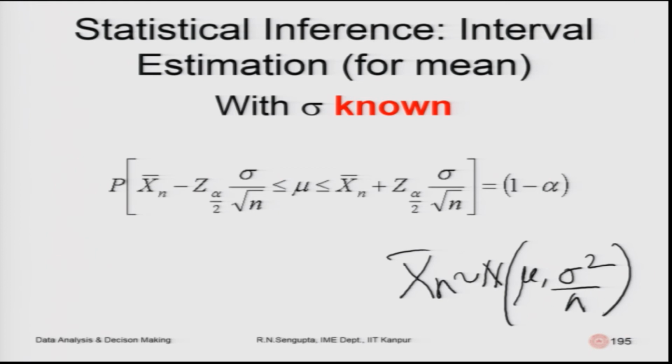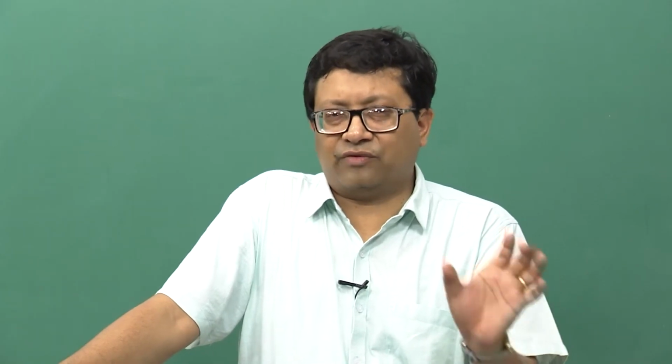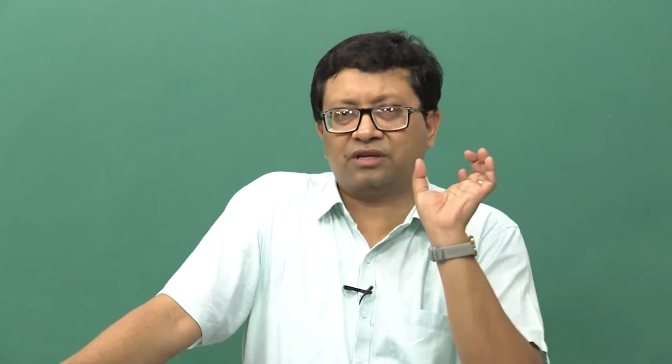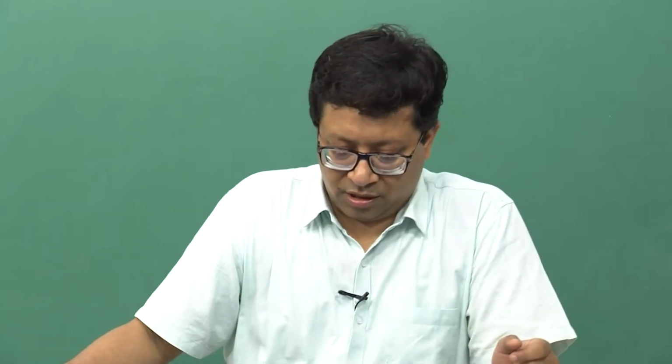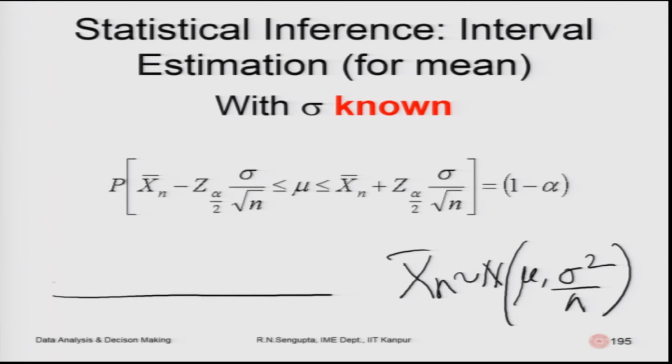We can find out T1 and T2, the lower control and the upper control, such that they would encompass the population mean within them with a certain level of confidence, which has to be specified beforehand. So, now I am drawing a normal distribution in order to make you understand.